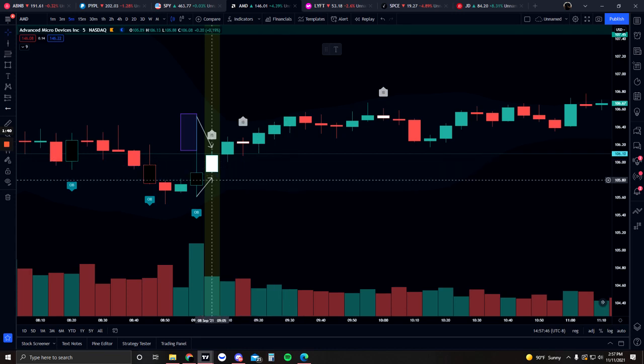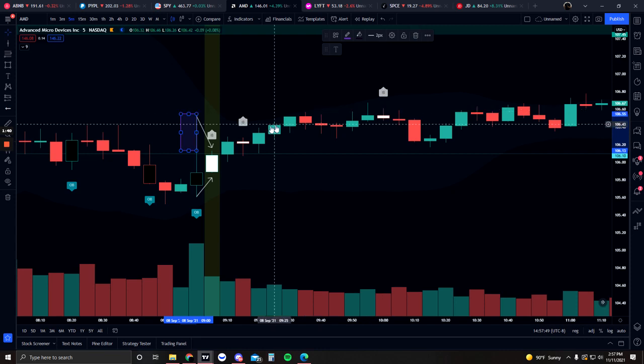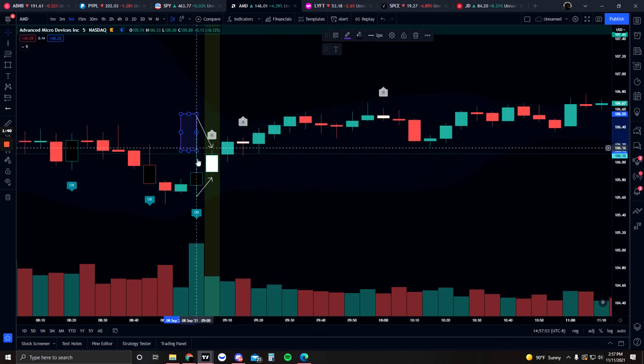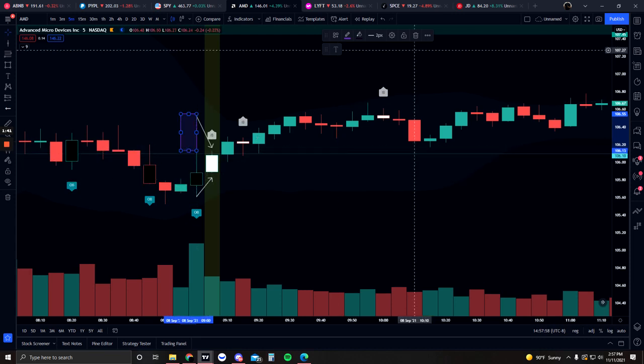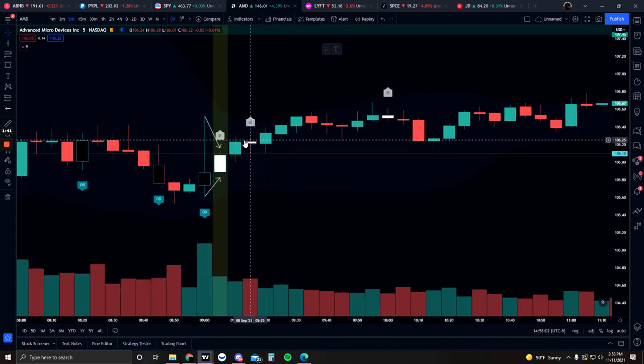That's kind of how you play the inside bars setup. So the best setups are usually double inside bars, followed by the Holy Grail setup, which is an outside bar followed by an inside bar. And then the ones that we play most of the time are just inside bars, and they vary.